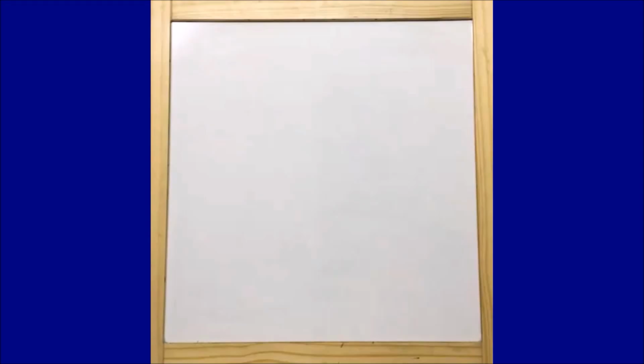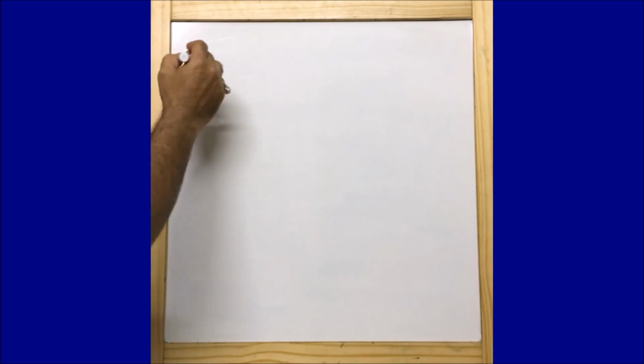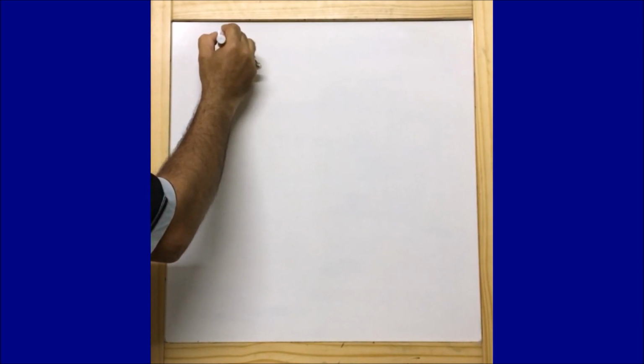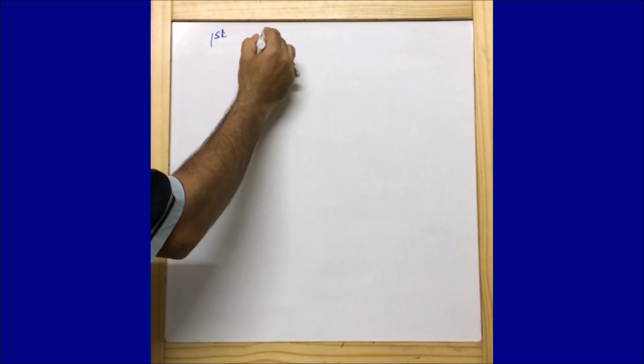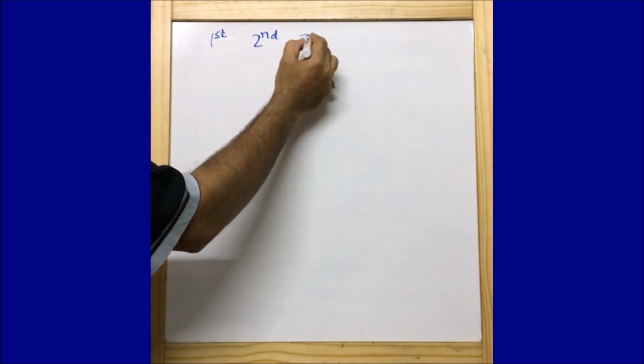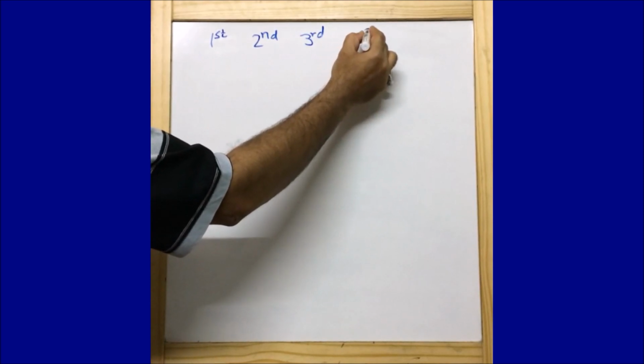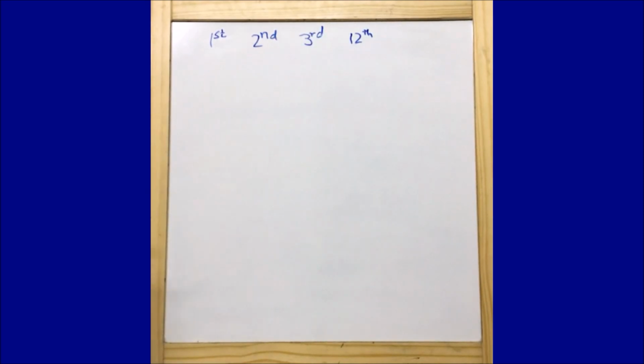Solution. So guys, as per the question, we are going to find out the sum of the following AP to 12 terms. And the given AP is minus 37, minus 33, minus 29. So let us first of all put the data in this form so that it will be easy for us to do our calculation. I will write first term, second term, third term, and last I will write 12th term, because till the 12th term we need to find out the sum.